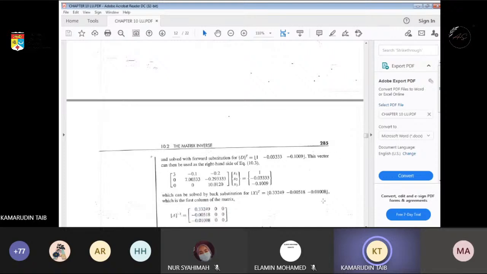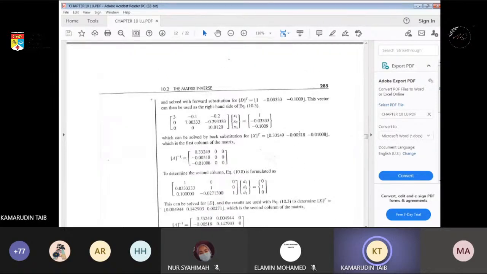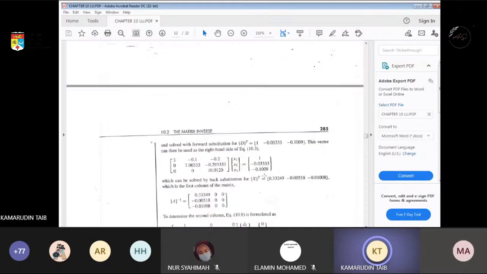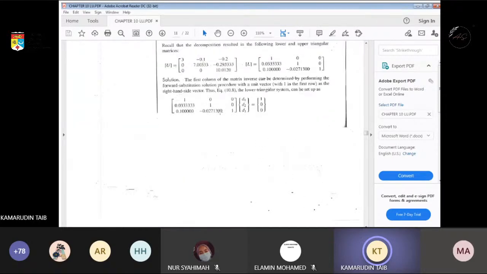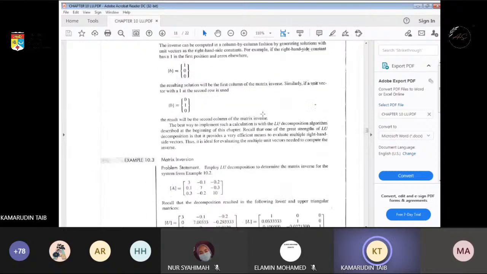The steps involved are the ones that you need to understand. And then the other two remaining columns, we temporarily put a 0 there. Now we are going to replace these 0s in the inverse matrix with some numbers. How do we do that? We just do the same thing as we did in the first step, but we change this one to 0, 1, 0, one at a time.